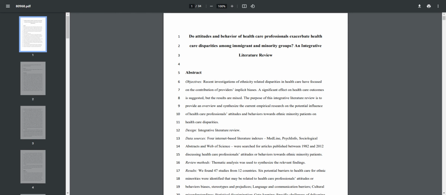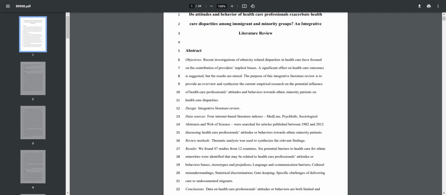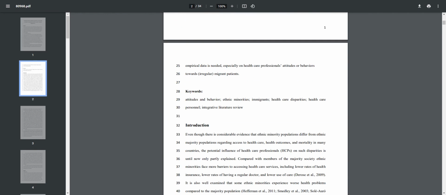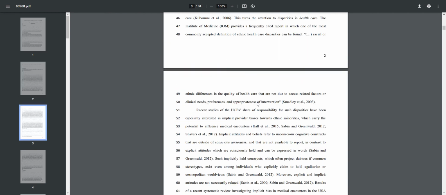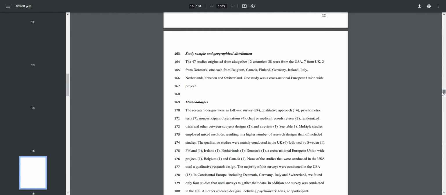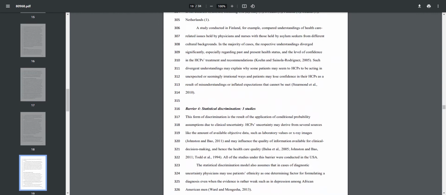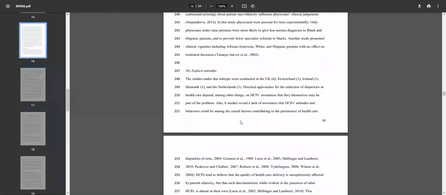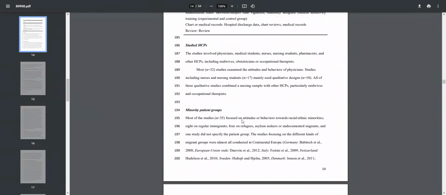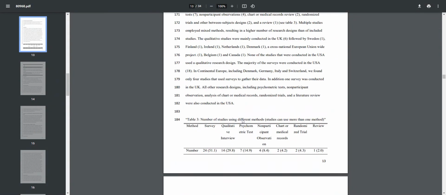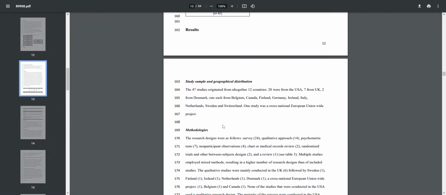Much of what you'll be doing when you are researching, like searching for journals and doing your journal review, is looking at the background or the introduction, and then coming down to look at the discussion. So much of the information you're going to need for your literature review is going to come from the background and the discussion.